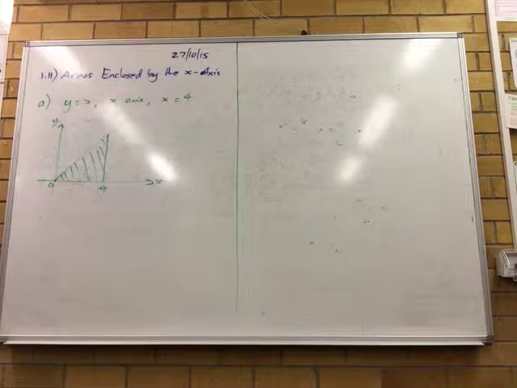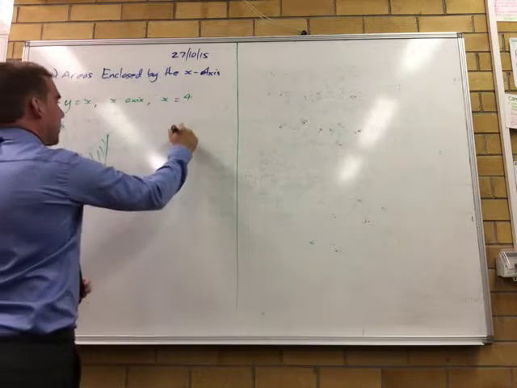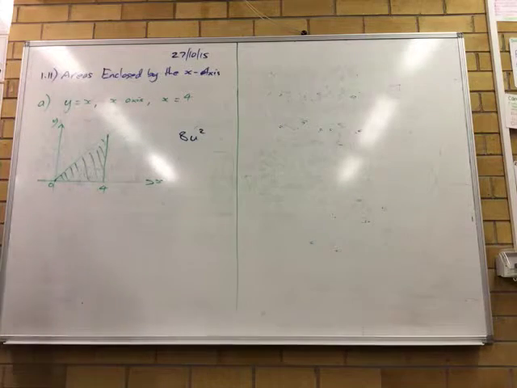So we're already finding the area of that triangle. Okay, so what's the area of that triangle? Just using your triangle formula. Okay, so the area of the triangle is 8 units squared. So when we do the integration, we should get the same answer, shouldn't we?